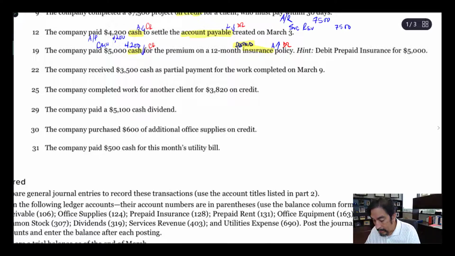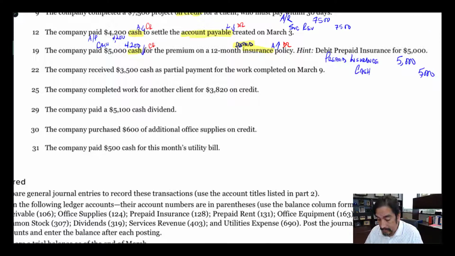So our journal entry, prepaid insurance is debited for $5,000 and cash is credited for $5,000.